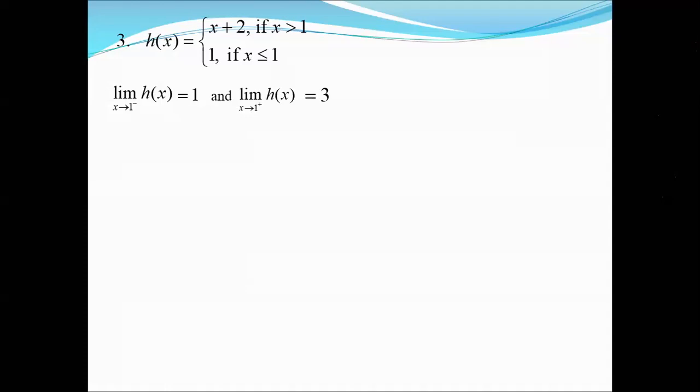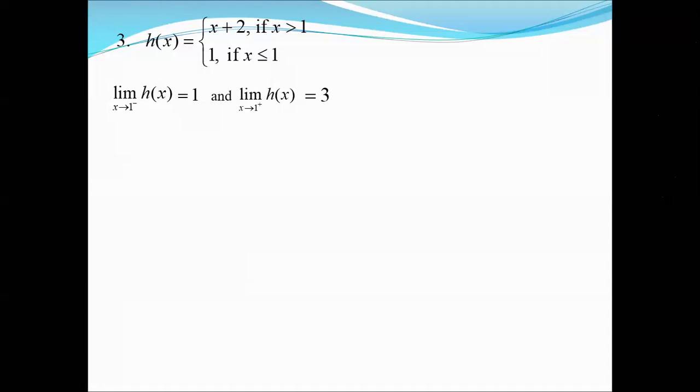So the left hand limit and right hand limit are both distinct, so the function is not continuous. The left hand limit is 1 and the right hand limit is 3. The definition of continuity says that the limit exists, it means the left hand limit is equal to the right hand limit.